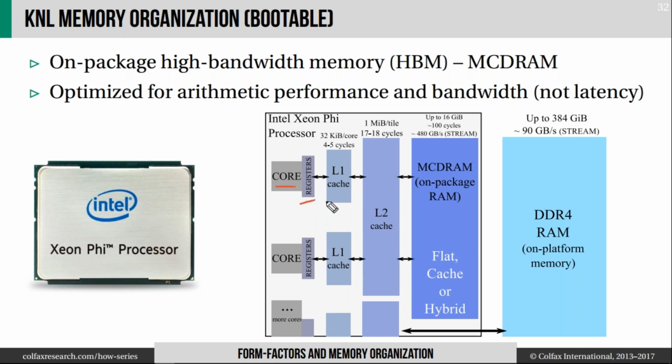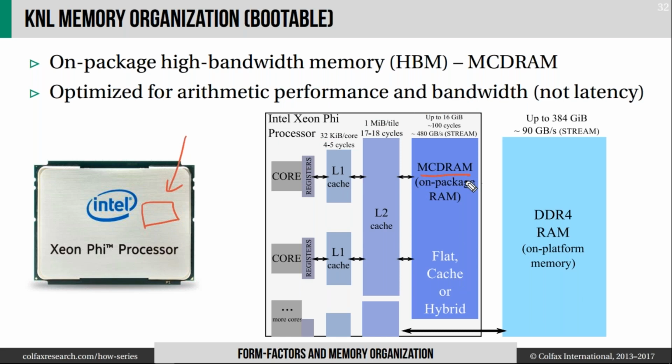Well, you do have cores with registers, you have small but fast level 1 cache, you have larger but slower level 2 cache. Again, no last level cache. But living on the package here is high bandwidth memory.